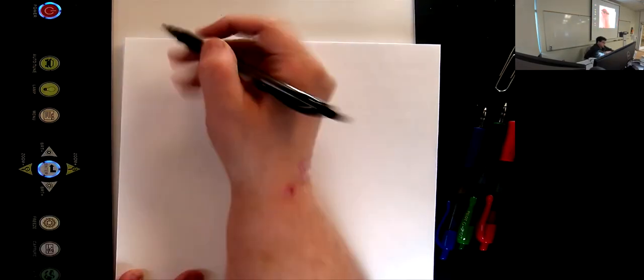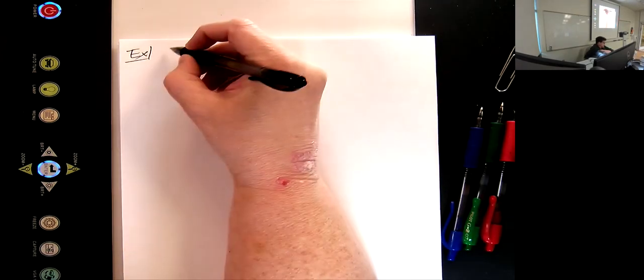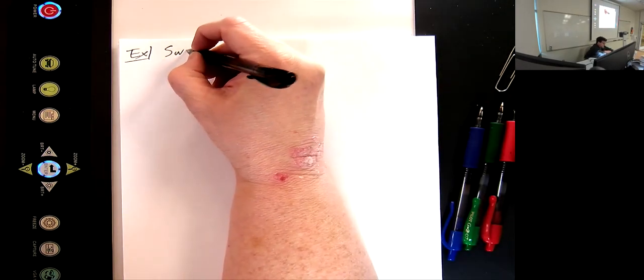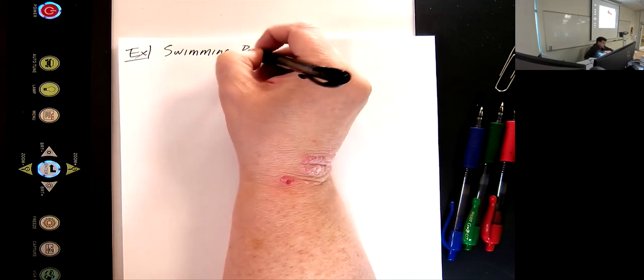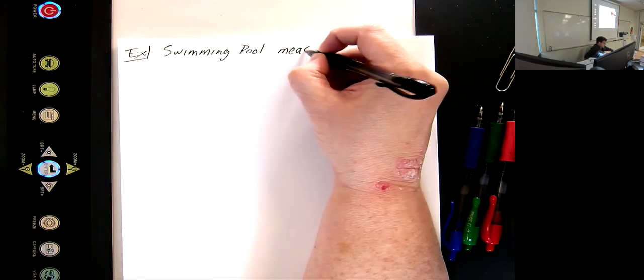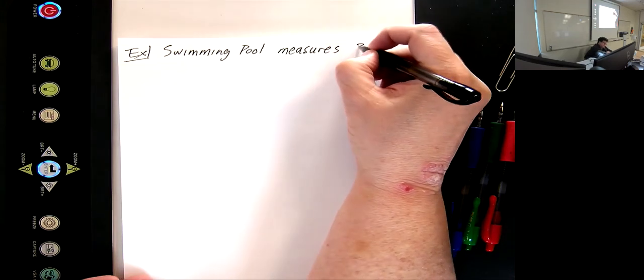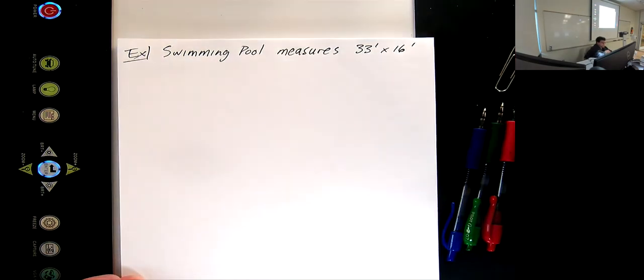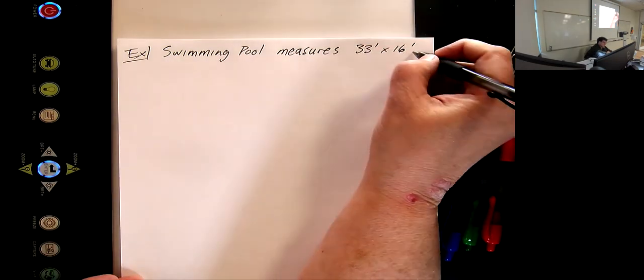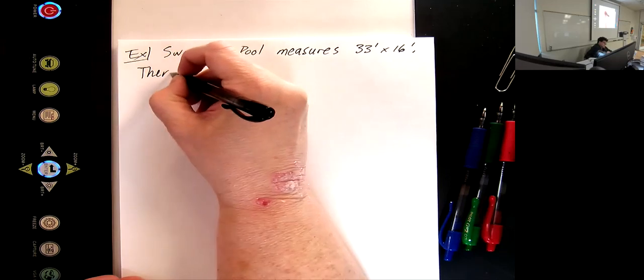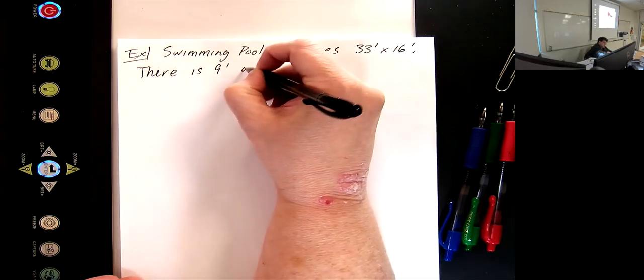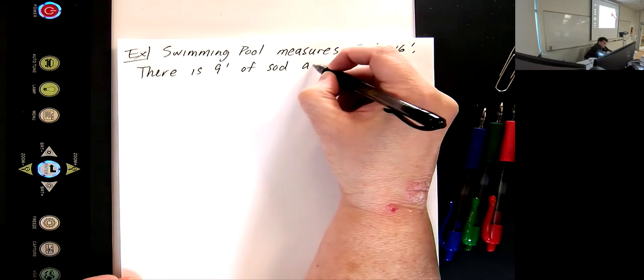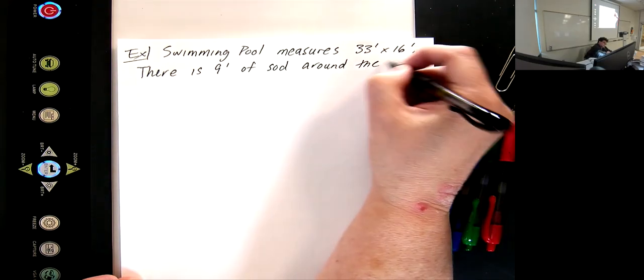All right, so let's see. Our example that we're going to start with, I've got a few. A swimming pool measures 33 feet by 16 feet. That's a good size. There is 9 feet of sod around the whole pool.